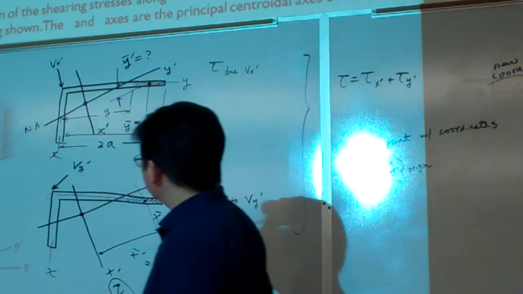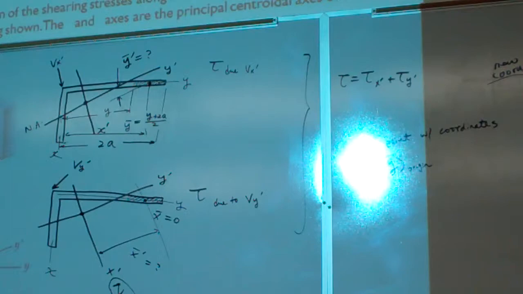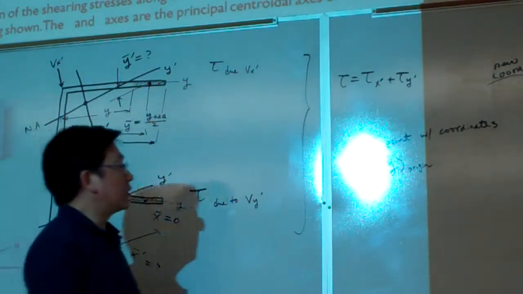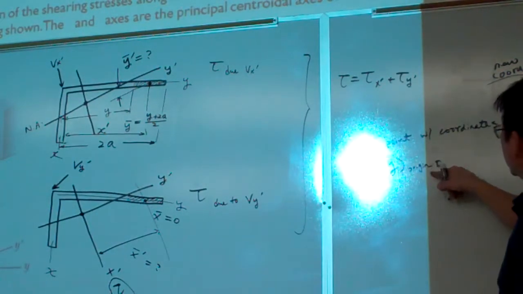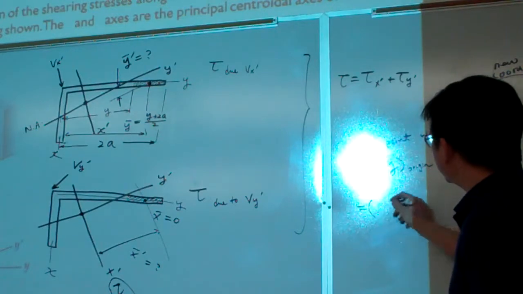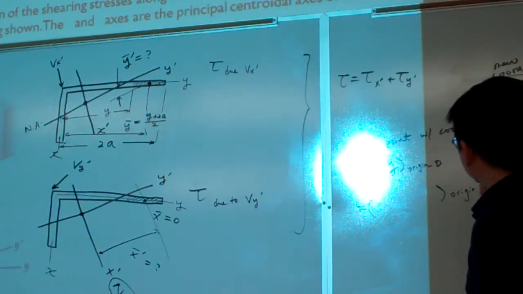Let me give a label. This origin, the original problem origin at D, okay, and for the new, the principal axis is called the origin is at the C prime. So the xy, if we given in terms of the origin at the D, then we can convert it into the coordinates in terms of the origin at C prime.